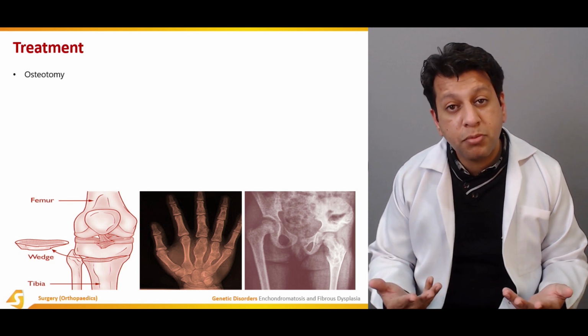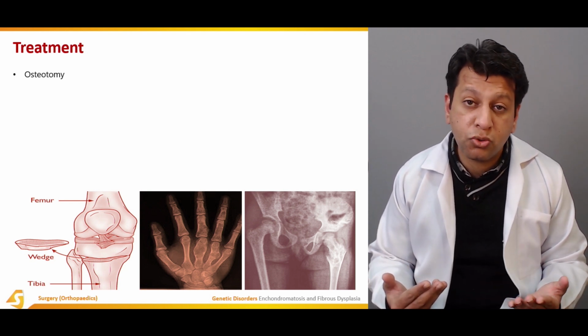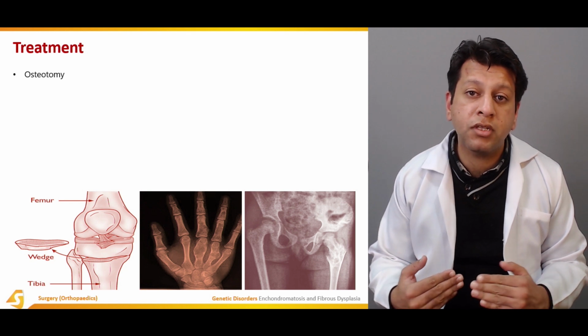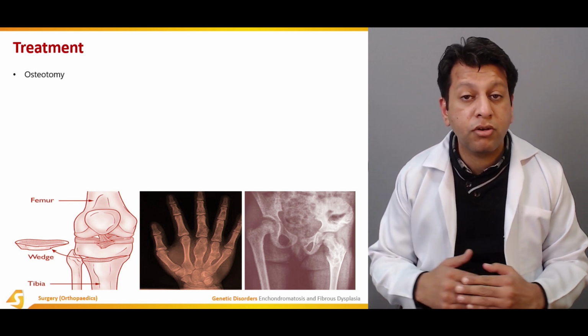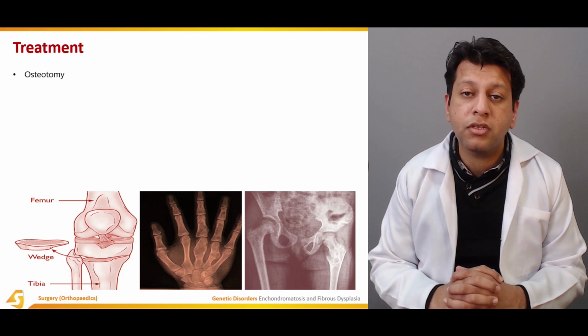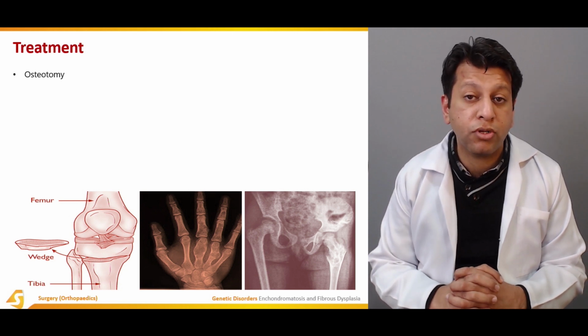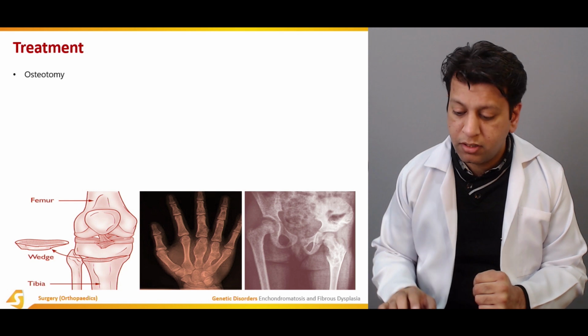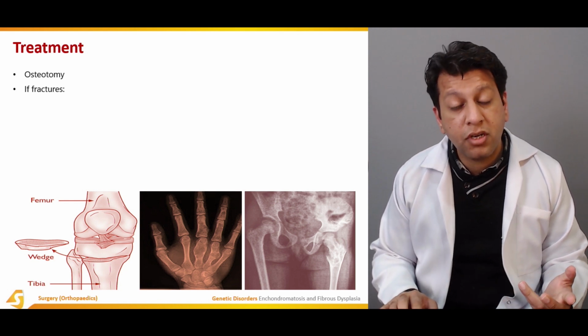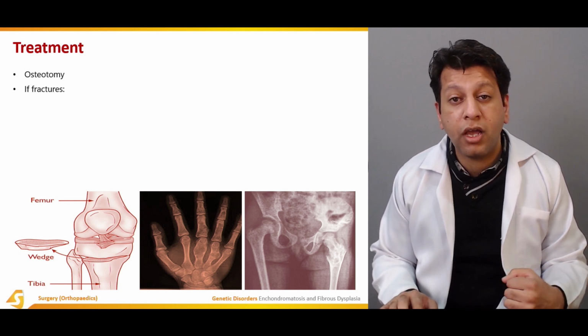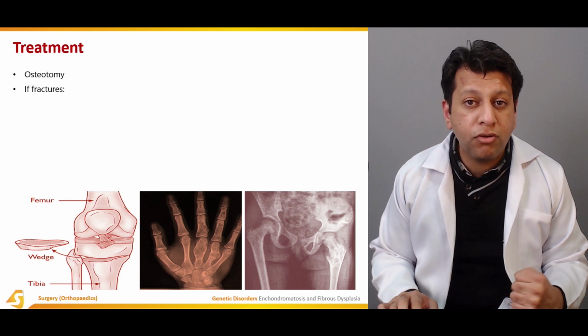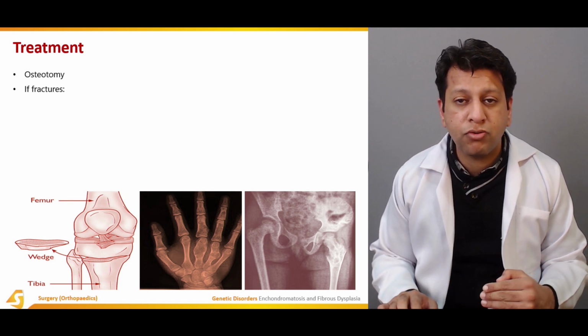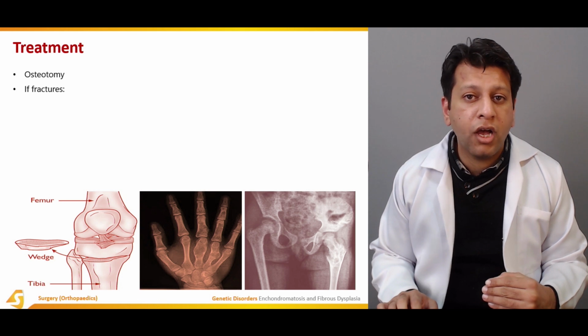But if it has advanced to a stage where it presents with angular deformities, then not only intralesional curettage and bone grafting but also osteotomies of the bone may be required to correct the angular deformities. If a pathological fracture has occurred, then we need to first take out the lesion by intralesional curettage with a high-speed burr.